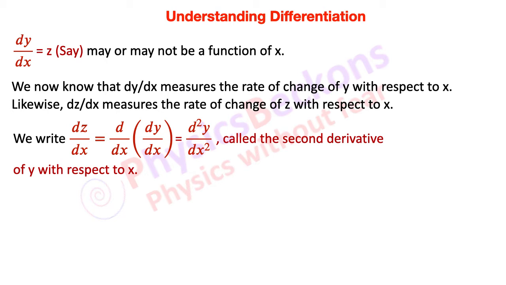Again, note here, d square y by dx square doesn't mean d into y divided by d into x. It is again a symbol which shows that y has been differentiated 2 times with respect to x.